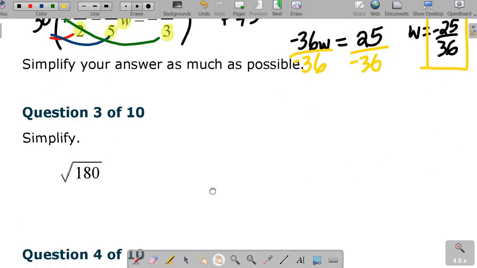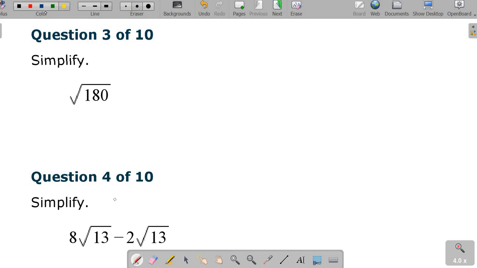Taking a look at number 3, simplifying a radical. You want to go ahead and factor. I'm going to run out of space, so I'm going to bring it up here.